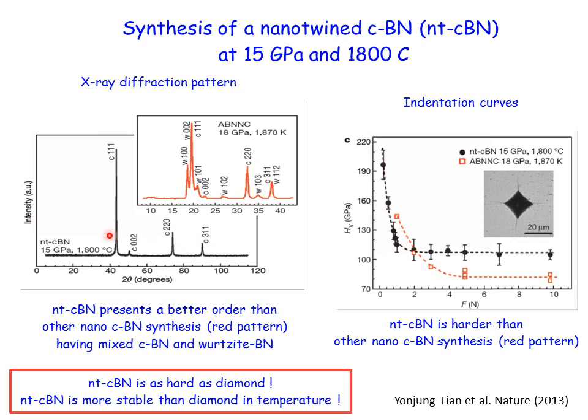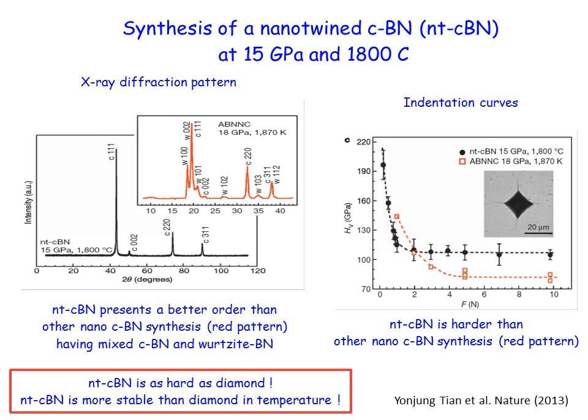So structurally this nanotwin is better ordered, and when one measures the hardness as a function of the applied load, one sees that the indentation hardness for the nanotwinned boron nitride, that is the black curve, saturates at a value that is much higher than the corresponding one for the other form of cubic boron nitride.